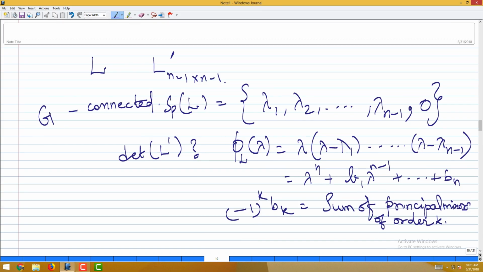We are looking for the determinant of L prime, that means what? An n minus 1 by n minus 1 submatrix. And we have already stated the fact that if I look at any n minus 1 by n minus 1 submatrix, the determinants are all going to be equal. So, how does this connect with the statement here?